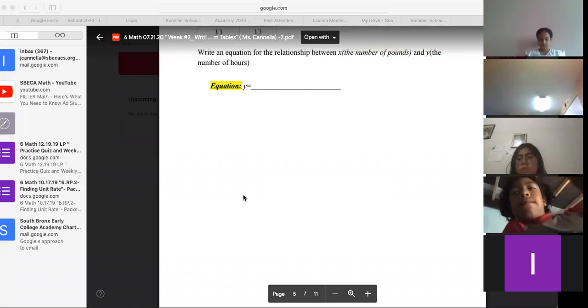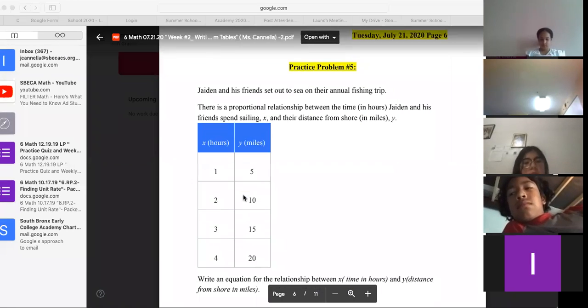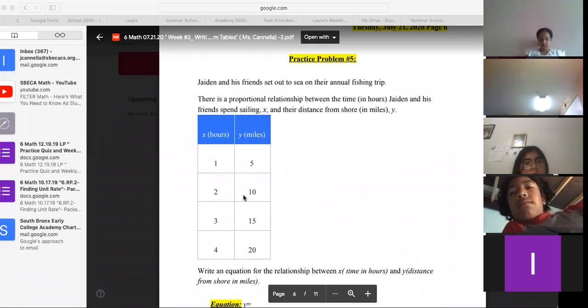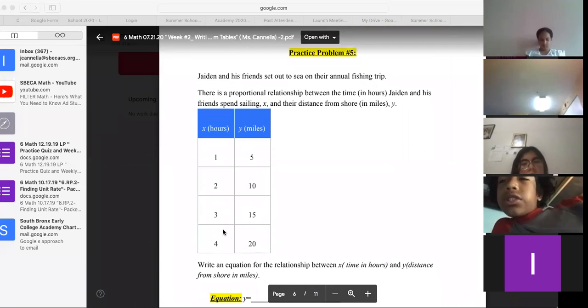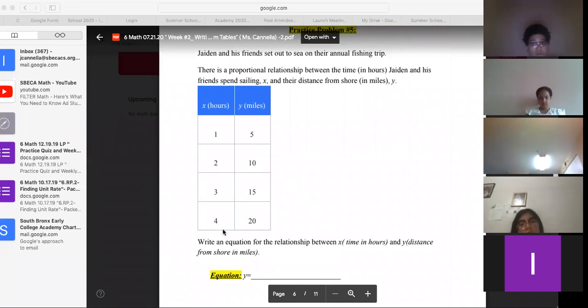All right, Eric, read me this page, please. Página 6. Lea el problema número 5, por favor. Jaden and his friends set out to sea on their annual fishing trip.